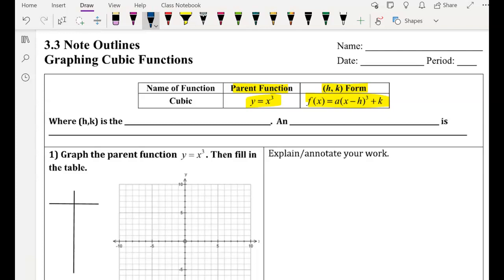The HK for the cubic function is not the vertex anymore, but we have a new vocabulary. The HK is called the inflection point.